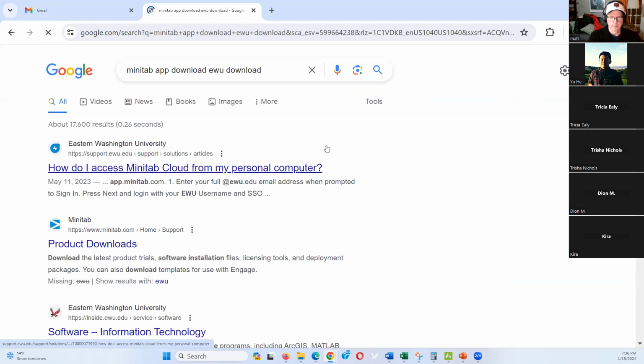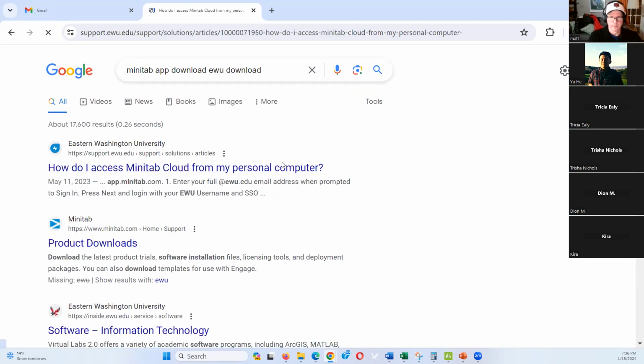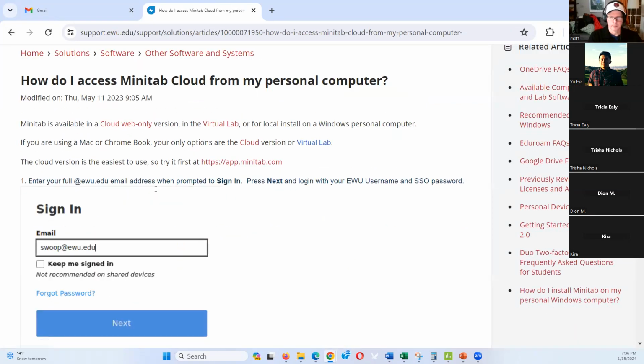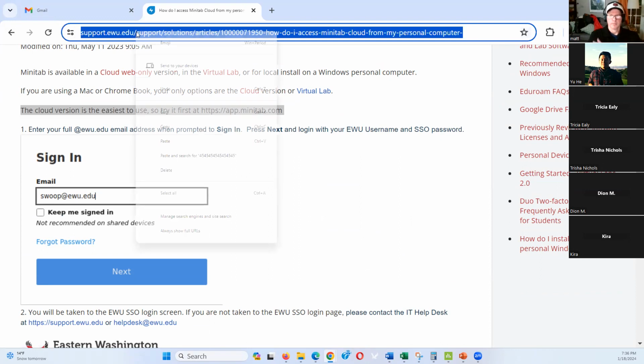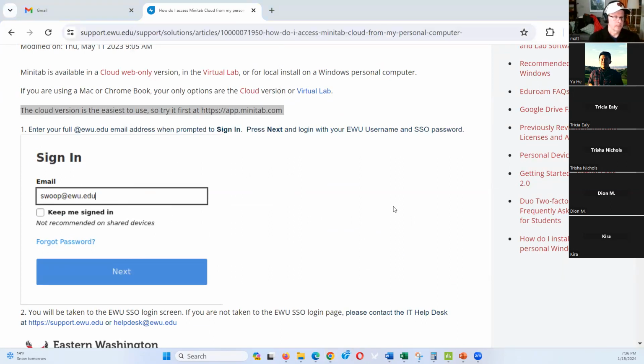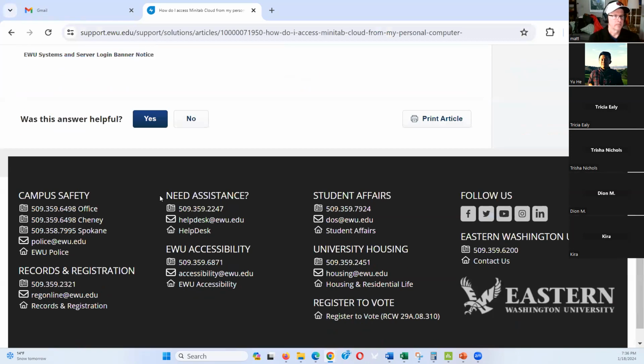So here we have the app, and the cloud version. This is the app. I can just share this link right here, and you can download this app from minitab.com and keep following the same process.